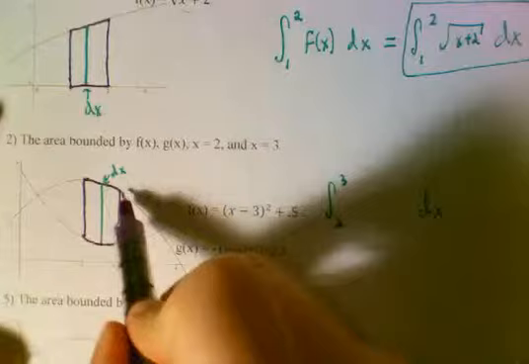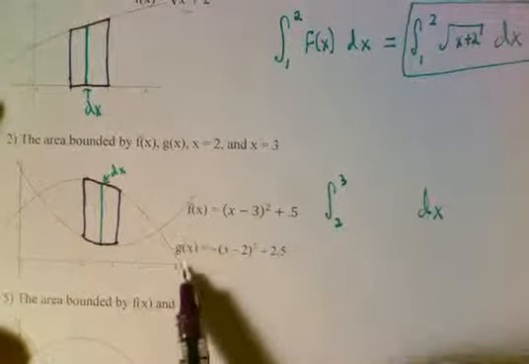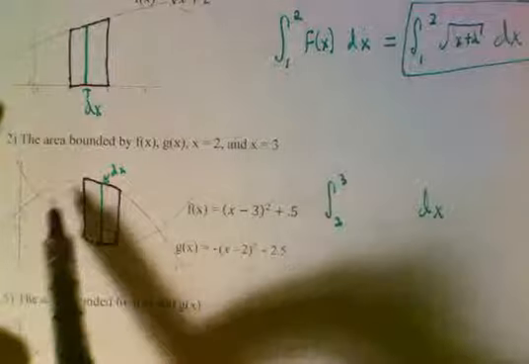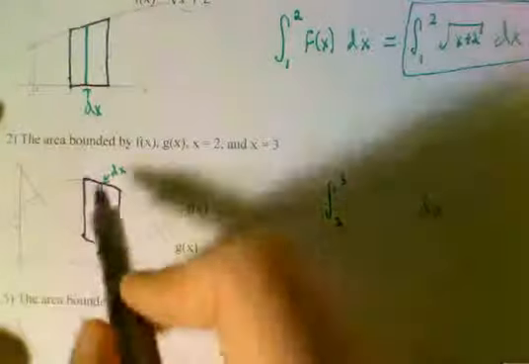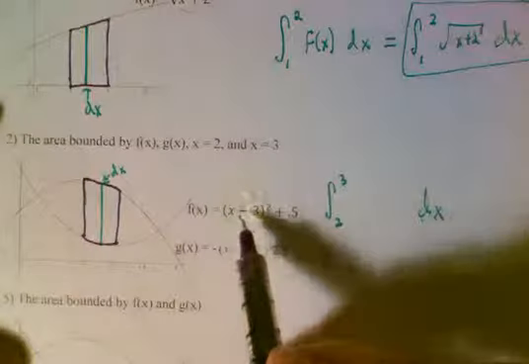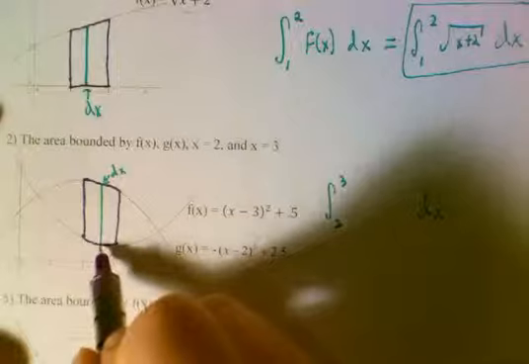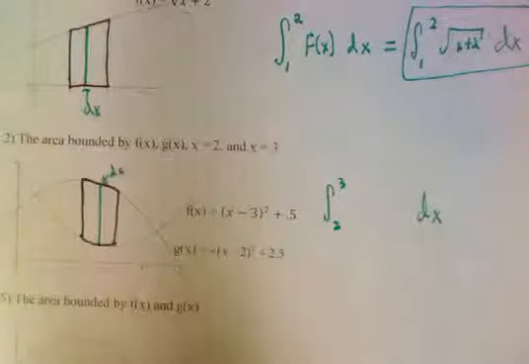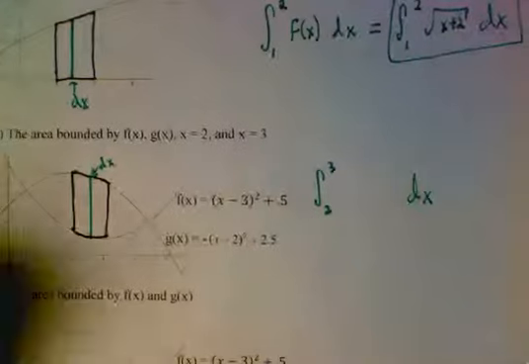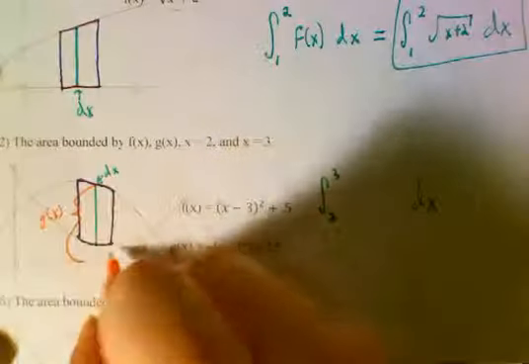Well, we know that this number up here is going to be whatever g of x is, because this whole thing is g of x. And we know that g of x gives the distance from the x-axis all the way up to the top. This f of x here is going to give us the distance from f of x to the x-axis. So basically, this distance, that's g of x.